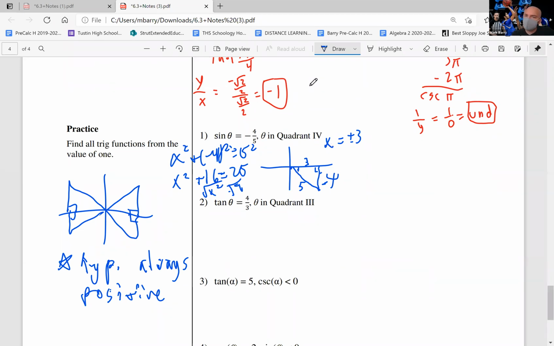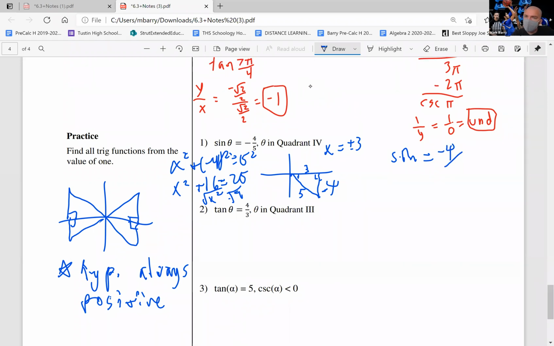All right, so now we're going to state all the trig functions. So now we can say sine, well, we actually already knew sine is -4/5, right? Then we could say cosecant is -5/4 if we flip that upside down.